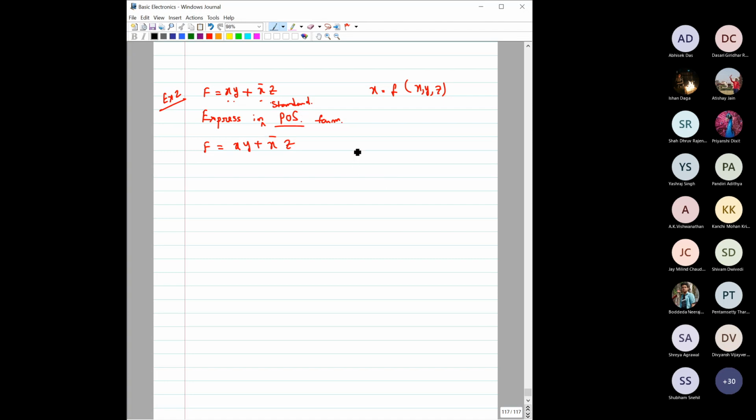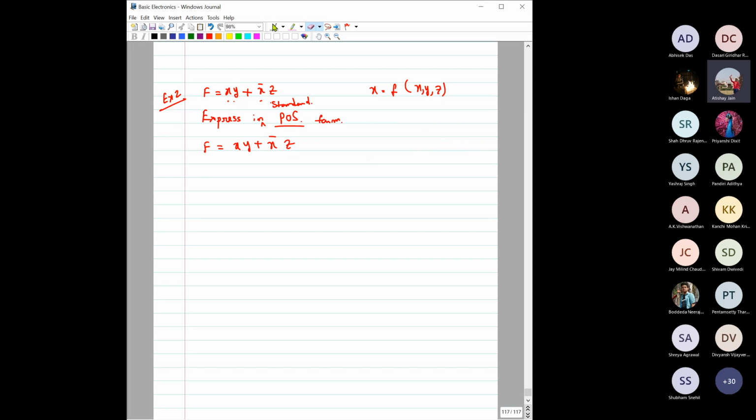Yeah, that is possible. I think what you are trying to say is that we can add this z bar here and this y bar here. Then from here, what will you get? Sir, I'm saying xy plus x bar z plus x bar. You want to split this? No, I'm adding a term.